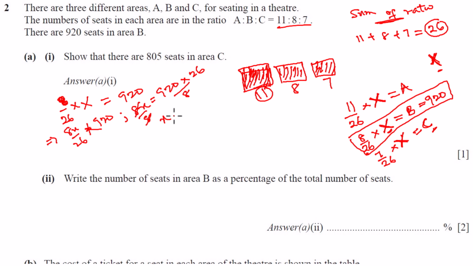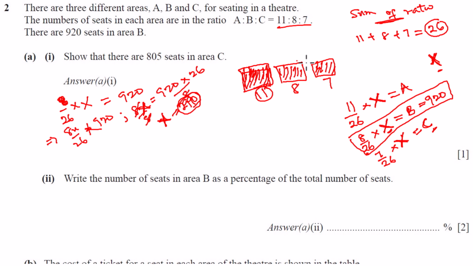our X, 920 times 26 divided by 8 is 2990. So X, the value for X, capital letter X, I use capital letter X for that, is 2990. What this means is that the total number of seats in that theater is 2990.